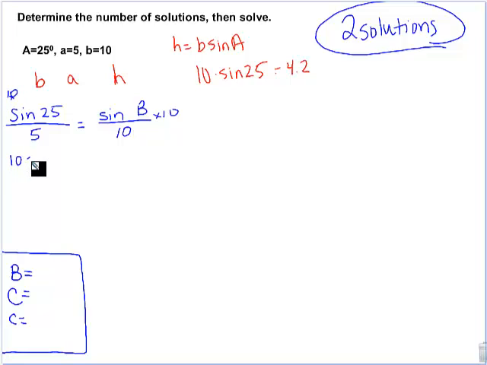So we'll take 10 times the sine of 25 and divide it by 5. That should give us our sine of B. What do we get? 0 point what? Yeah, 0.8452 and so on. So that's our sine of B.